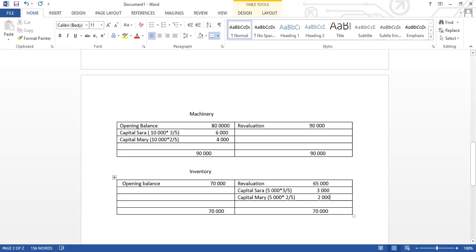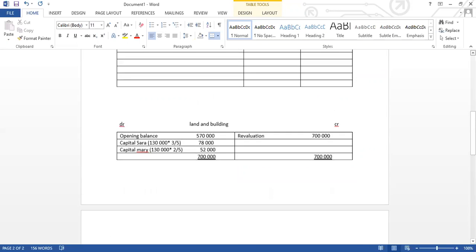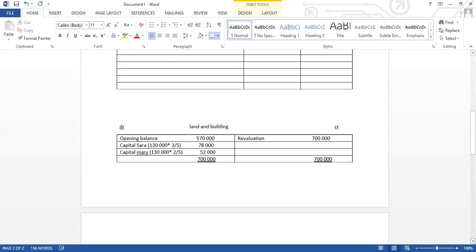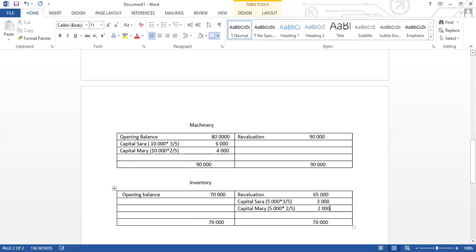And then we go back to our journal entry. Now looking at this journal entry, we said it's a loss, right? Inventory has decreased. So we made a loss on revaluation. Therefore, where do we record that loss on the capital account?